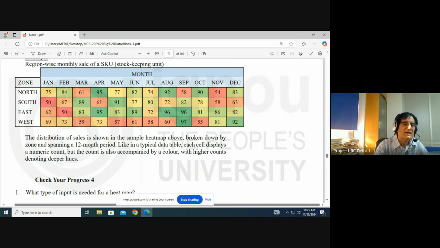So that's why higher values like 91, 96, 96, 97 are blue, 92 and 95 are blue. The 50s are lower, they are red, 62 is a little different, and 69s are different colors.